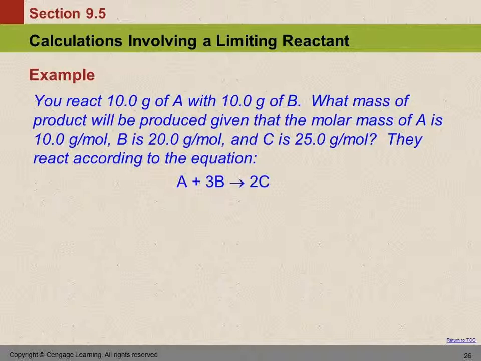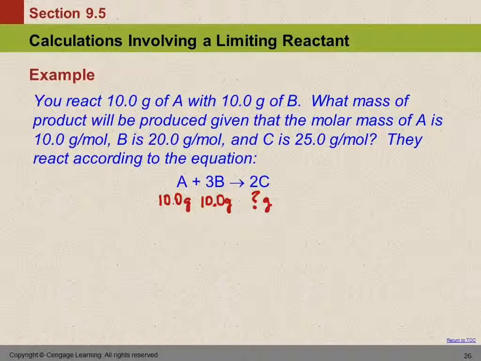So it says we have 10 grams of A. So under A, I'm going to write 10.0 grams. And it says we have 10 grams of B. So I'm going to write that under B. And it's asking what mass of product. Well, there's only one product. It's C. So we put the question mark there. And it says what mass, and so that's going to be grams.